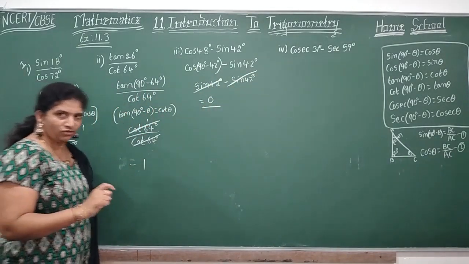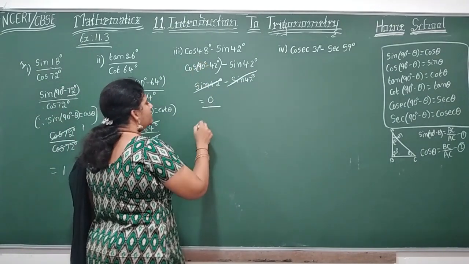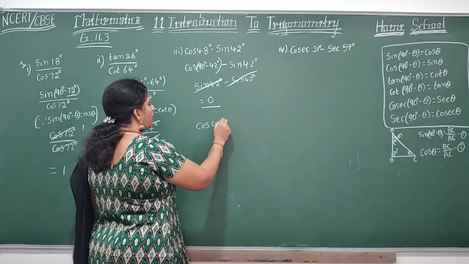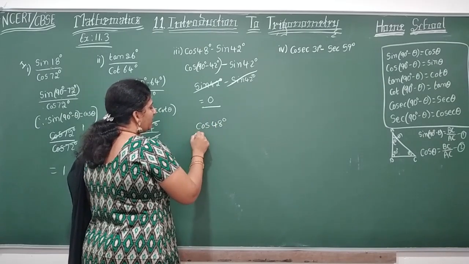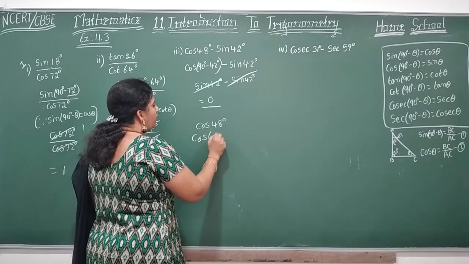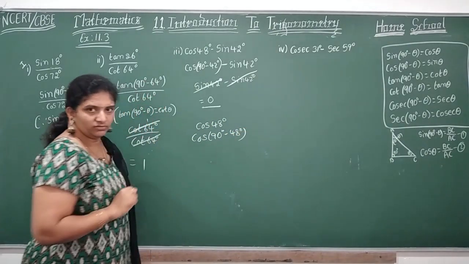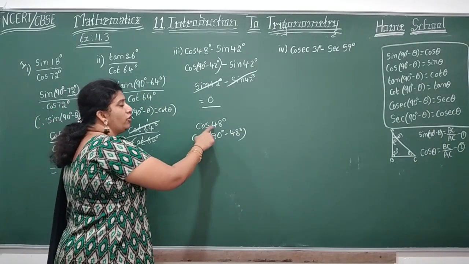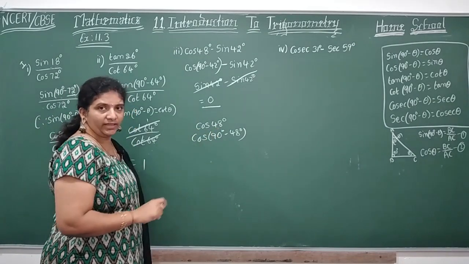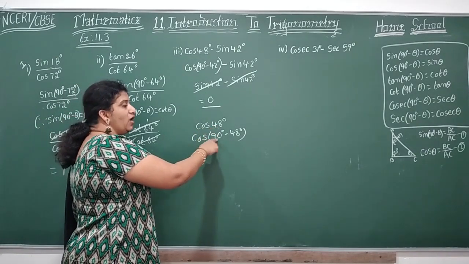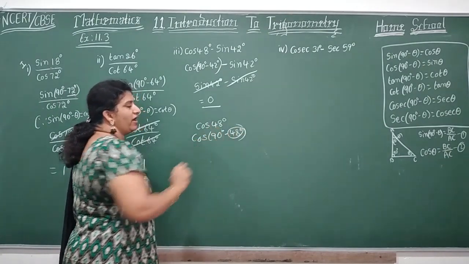Okay. So where you make mistakes, I'll say here. Suppose if you have cos 48, some people may write cos of 90 degree minus 48. This is wrong. Okay. So you have got cos theta. This theta in 90 degree, how much if you subtract, that number you have to write.